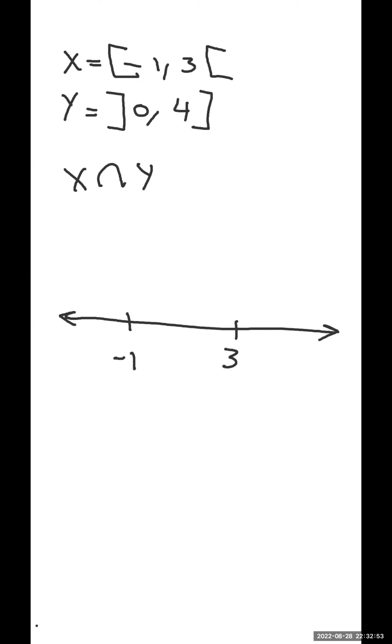From the side of -1, it's closed, so shaded. From the side of 3, it's open, unshaded. Shade the distance between them. So this is X.